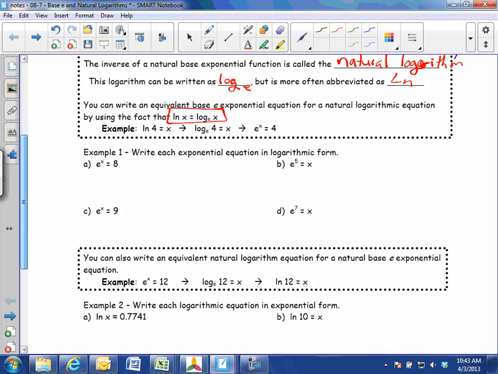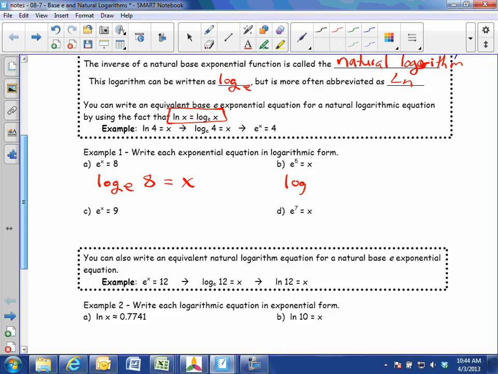Alright, so it asks us to write it in logarithm form. So basically we're doing exactly like we did before. So we're going to say log, what's our base? How would you write it?